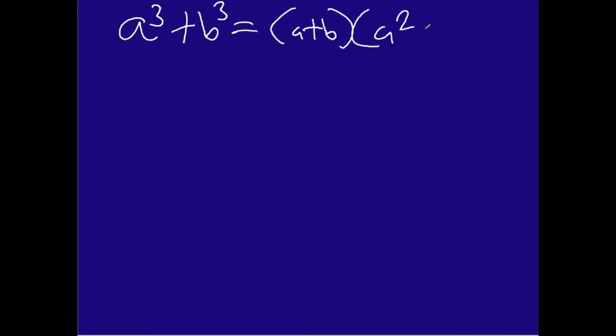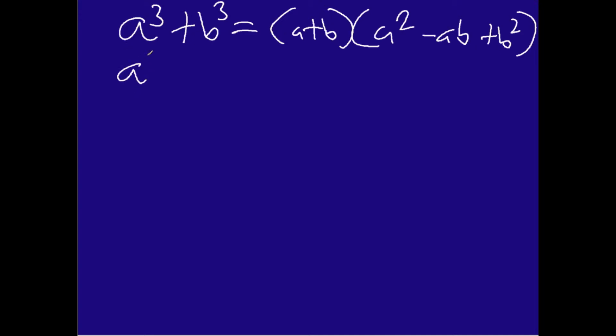So the general principle is a cubed plus b cubed will equal a plus b in parentheses. And then in parentheses, you'll have a quadratic, almost: a squared minus ab plus b squared. And of course, unlike when you're looking for a factor of a difference of squares, the subtraction one will also work here.